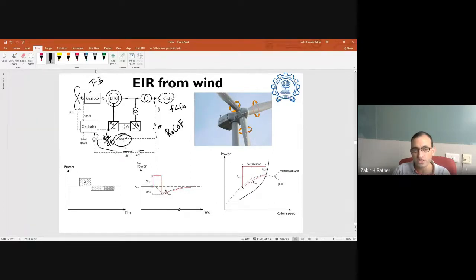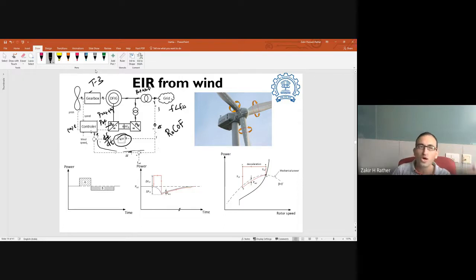Before the disturbance, since these were 0, the power reference going to this rotor side converter was, let us say, generally the maximum power point reference. But because of the disturbance, this power reference that goes to the rotor side converter is now P ref plus delta P, and delta P is the additional command from this inertial controller. Now what is the output power? It forces this generator to generate P MPP plus delta P, that is, power more than MPP.